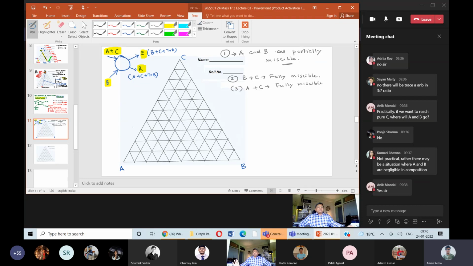Through this graph. As of now, we are talking only about binary combinations. A and B are partially miscible, right? B and C are fully miscible, A and C are fully miscible. How can I convey this message? Anybody?